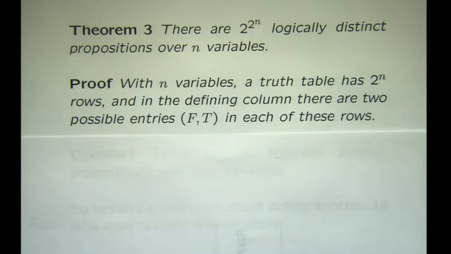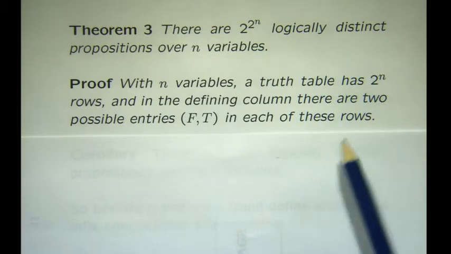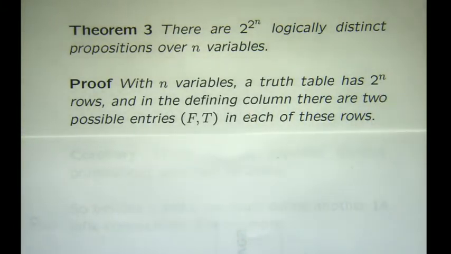There are that many different possible combinations of input values. So if you think about it, when we're going to define a proposition, we draw up 2 to the n rows, and for each of those rows, the output can only be either true or false.